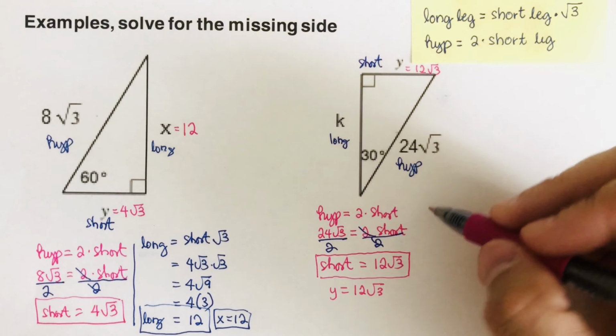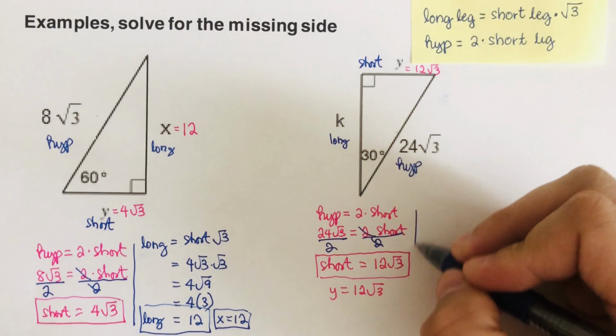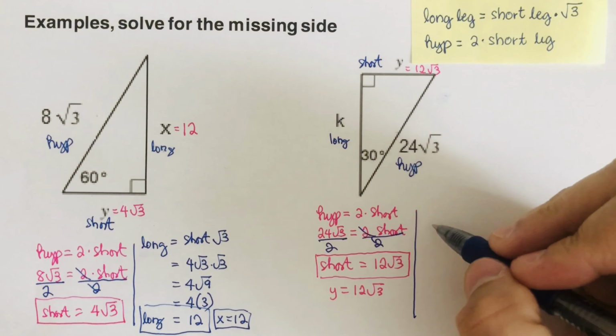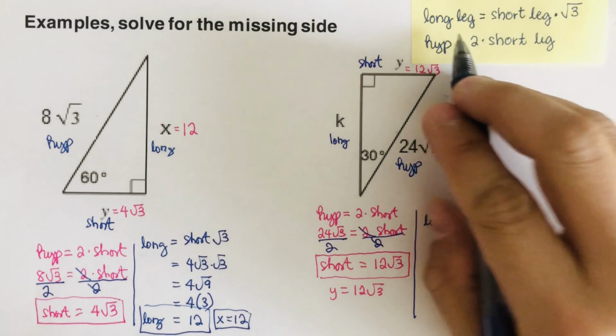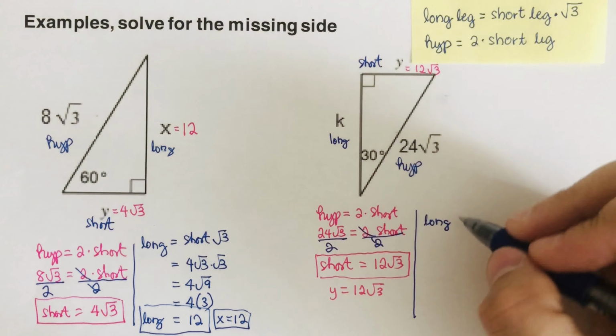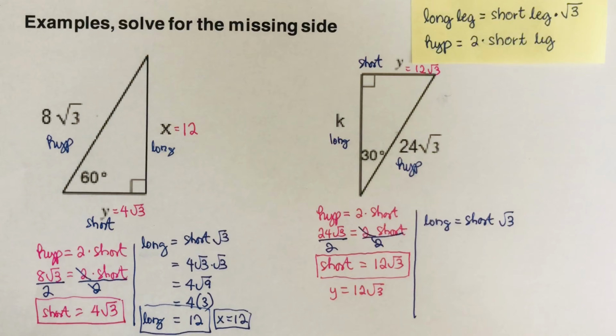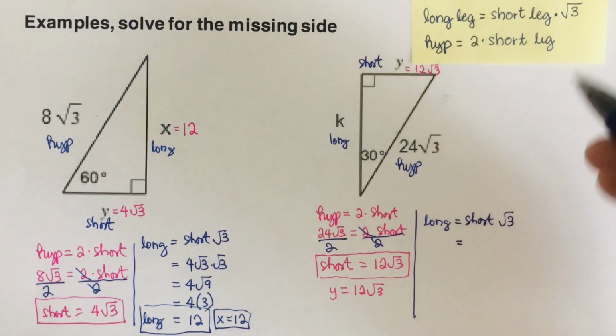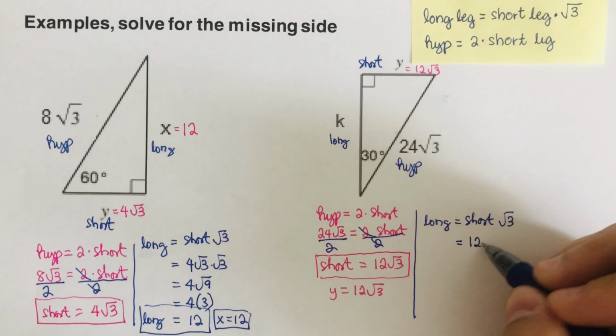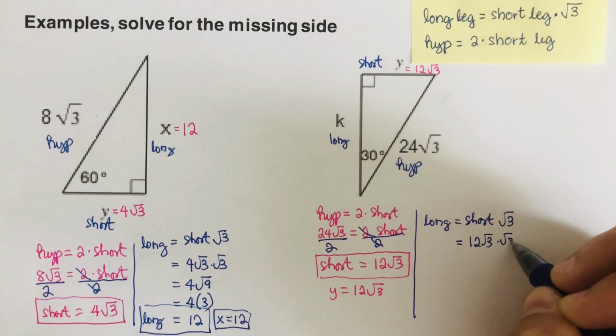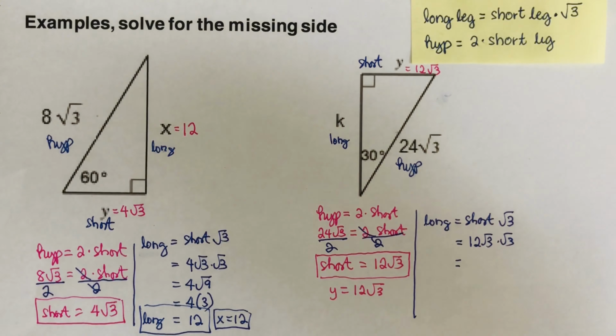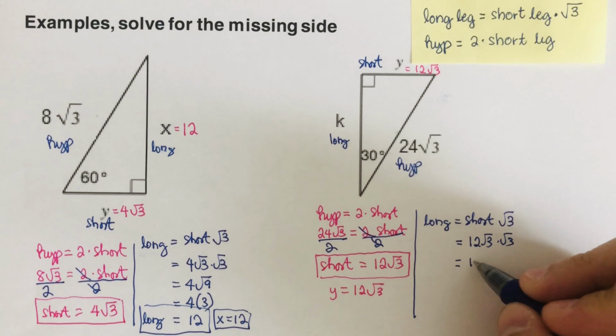Okay, so let's move on to finding the long side. So the long is, again, we're going to use the formula right there. That is equal to short times square root of 3. So our short here is 12 square root of 3 times square root of 3. So then this comes out to be 12 square root of 9.